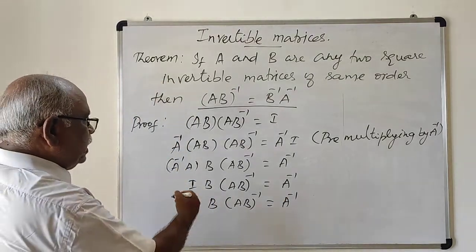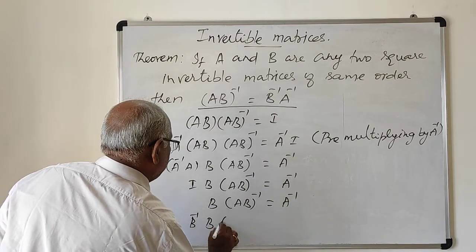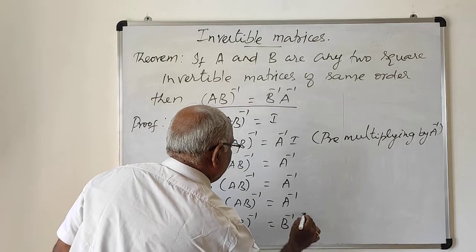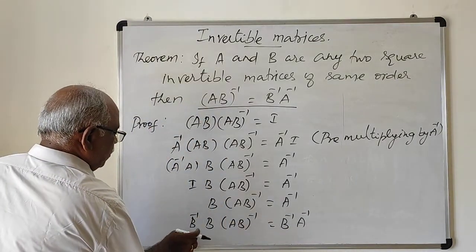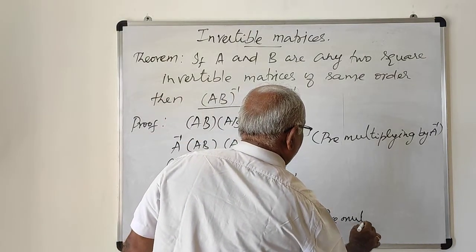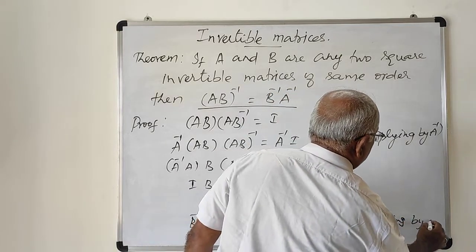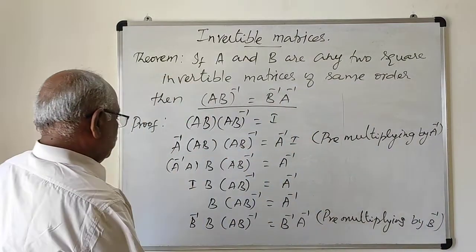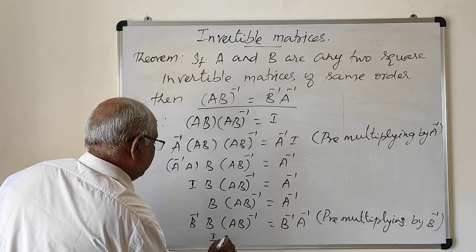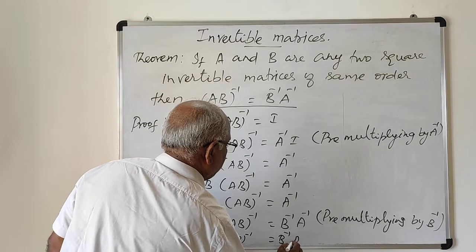Now again pre-multiplying by B inverse on both sides: B inverse into B into (AB) inverse equals B inverse into A inverse. B inverse into B is I. So I into (AB) inverse equals B inverse into A inverse.